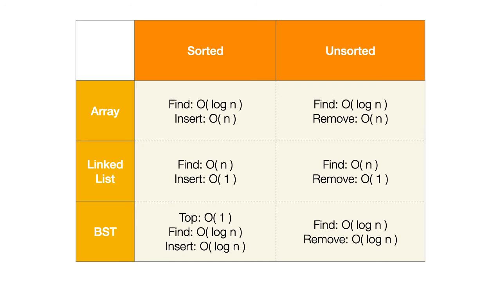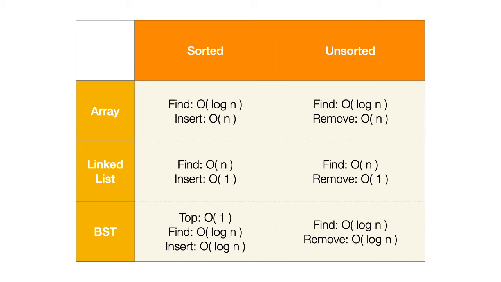To implement priority queue, we can use data structures that we are familiar with, like regular array, linked lists, binary search tree. If we choose to use array, the time complexity to find is O of 1, and we need O of n time to insert or to remove an element, no matter the integers are sorted or unsorted. For linked lists, it would take O of n time to find, and O of 1 time to insert or to delete.